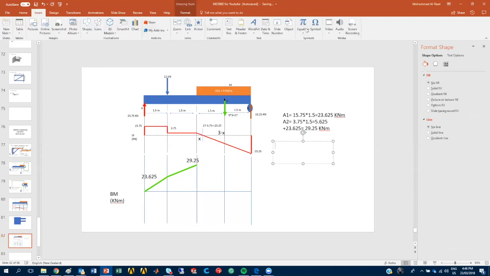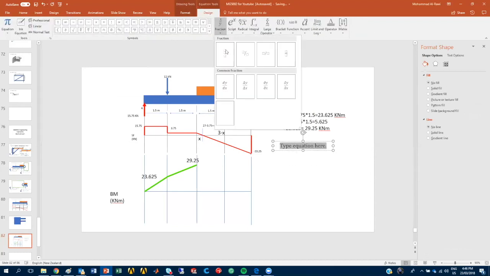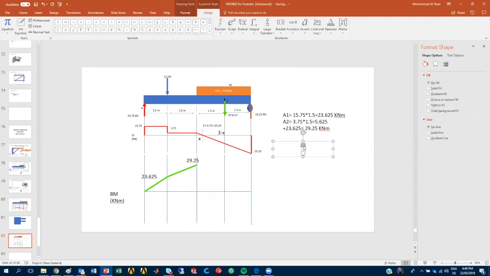I use the equation editor to help me solve this together. So x divided by 3.75 equals, and the other part, what's opposite to that, is 3 minus x divided by 23.25. Now I bring this from that side.